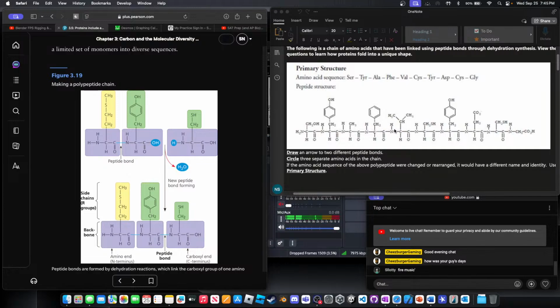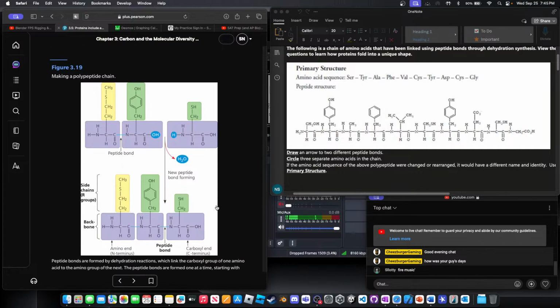Let's see. Peptide bond between... let's see if we can find where the peptide bonds are. You guys can see this, right? The updates. Right here. You guys see that? Is it updating? Please update. No, it's not updating. I need this to sync.